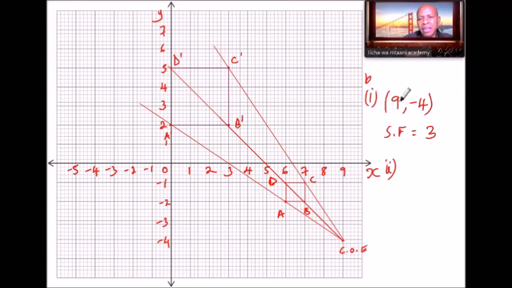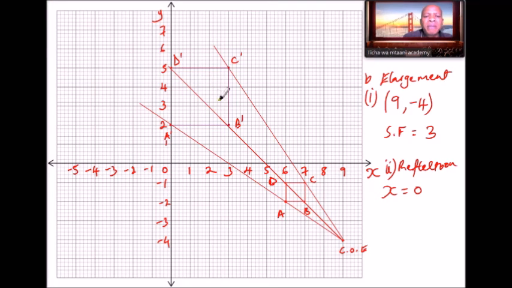This is enlargement, and this is a reflection. So the mirror line here is x equals 0.